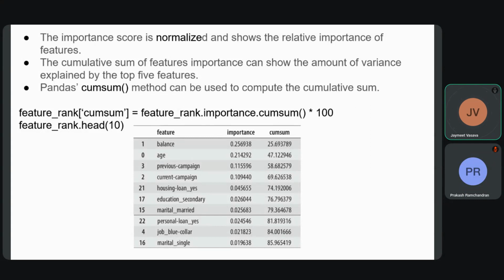And you can see when we print the top 10 records, they are balance, age, previous campaign, current campaign, house loan yes, education secondary, then marital status, personal loan, job type, and the marital status single.